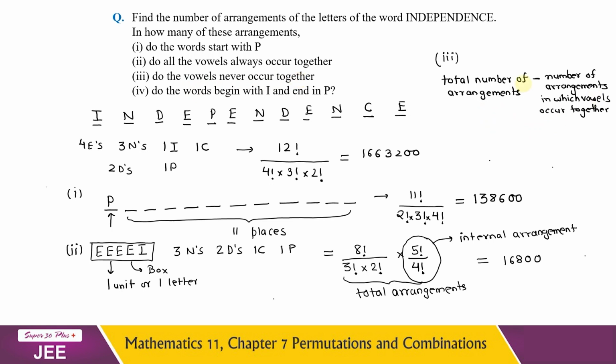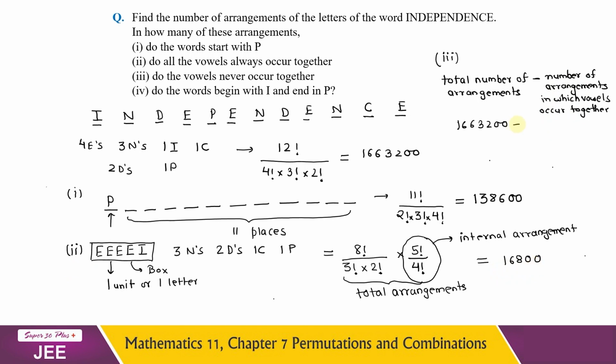Alright, now the total number of arrangements has already been calculated by us over here, that is 1663200. And the number of arrangements in which vowels occur together was done by us in the second part, and the answer corresponding to it is 16800.